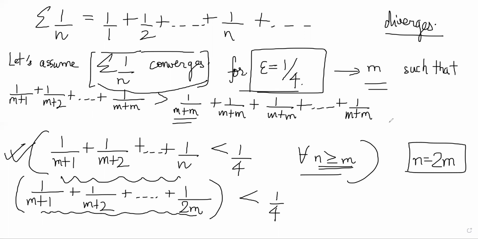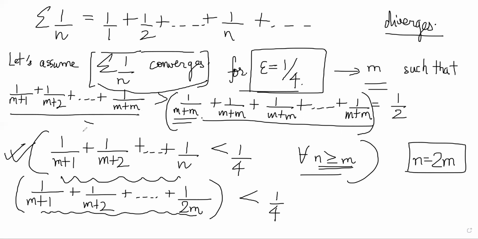How many terms are there? There are m terms, right? So this is m into 1 by 2m, which is 1/2. So we are getting that this is greater than half, so it cannot be less than 1/4.